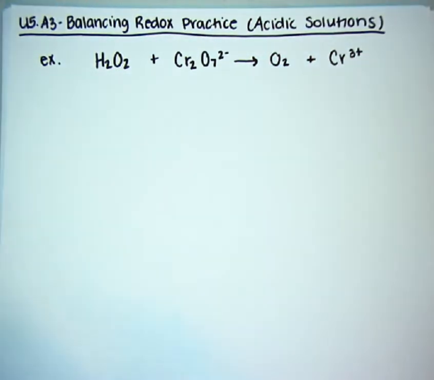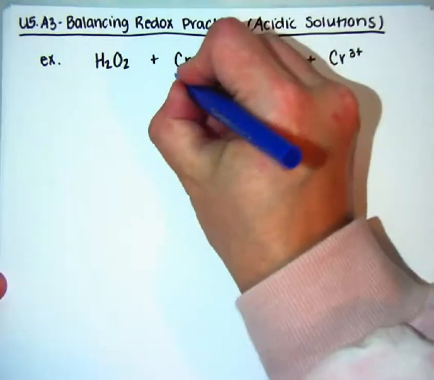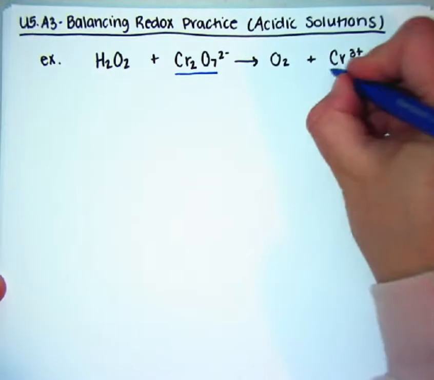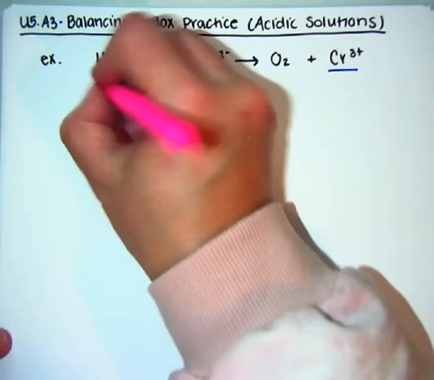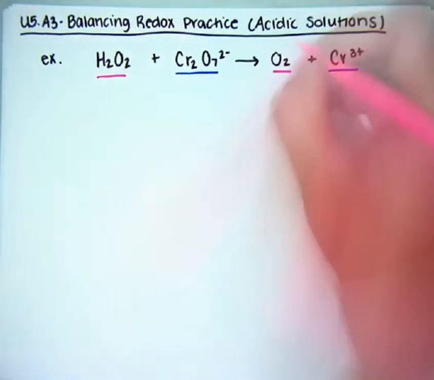Step 1. Let's split this into half reactions by keeping like elements together. So chromium goes with chromium, and then hydrogen peroxide is going to go with oxygen.